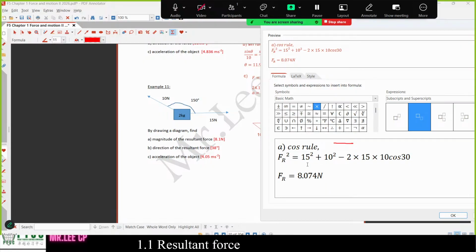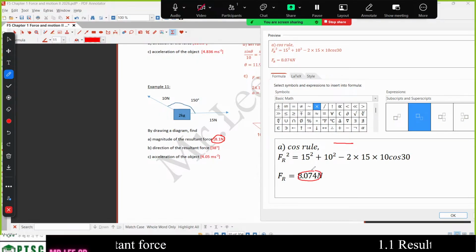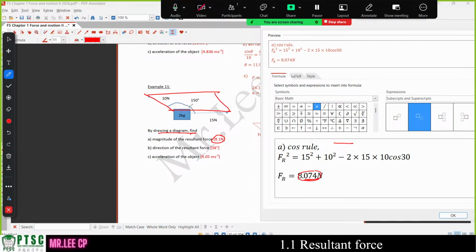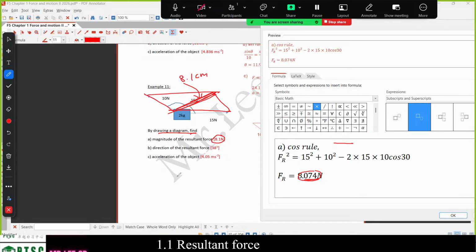Unit Newton. Now, of course you ask me, teacher, can I put this one or this one? Which one is correct? In calculation, you put this one. But normally when they ask you to draw, you draw this, this, and this, and you measure how much it is. You cannot measure that accurately, so you estimate about 0.1 cm, so you get about 0.1 Newton or 0.2 like that.